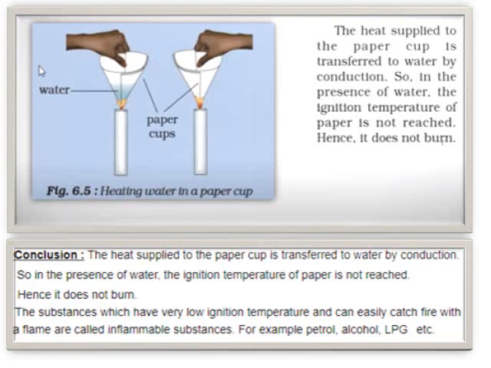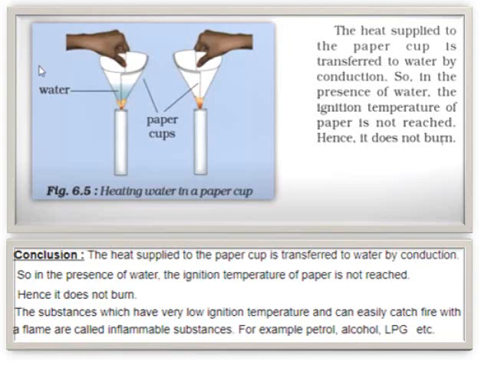So what we can conclude from this experiment is that the heat supplied to the paper cup is transferred to water by conduction. So in the presence of water, the ignition temperature of paper is not reached, hence it does not burn.